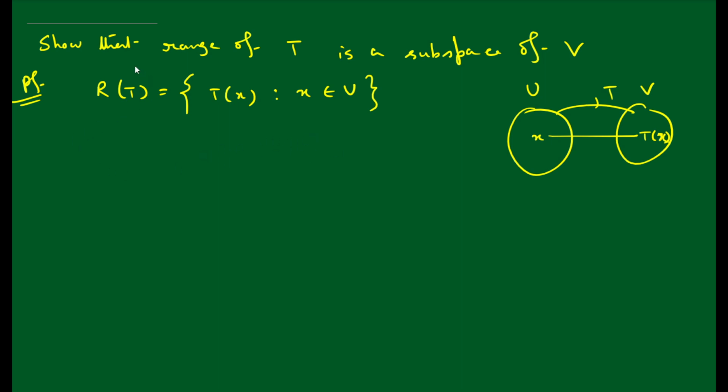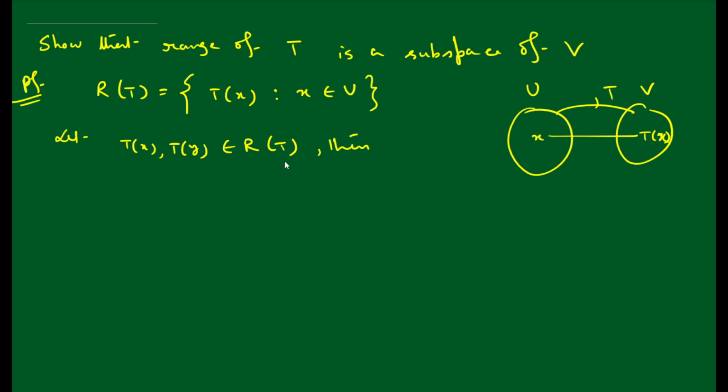So what to show? We have to show that R of T, or range space, is a subspace. So again the same definition. To show that it is a subspace, we have to take two elements from R of T. Let us take T of x comma T of y belongs to R of T. So what does it mean?